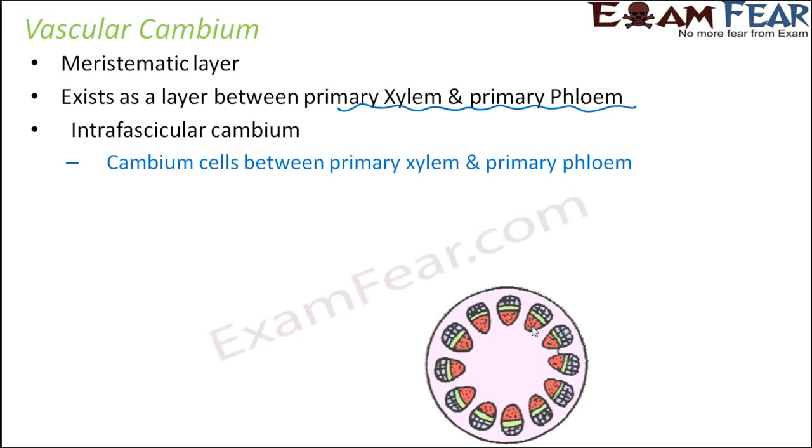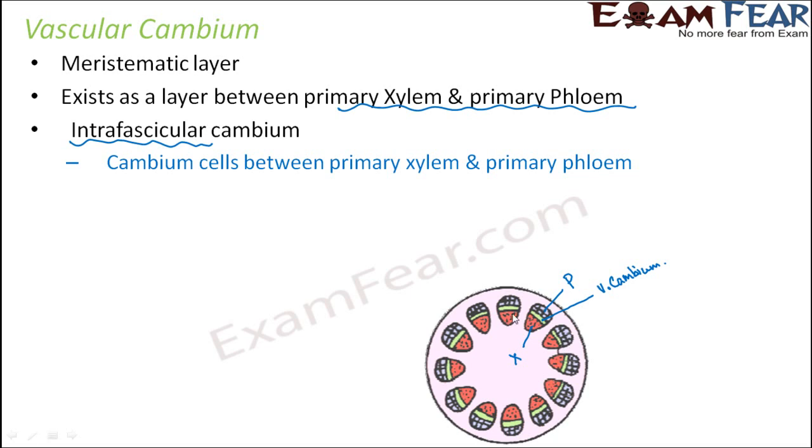The red colored structure is xylem, this structure is phloem, and this green layer of cells between xylem and phloem is the vascular cambium. When it is present within each vascular bundle, it is known as intravascular cambium. That is the cambium cells present between primary xylem and primary phloem. So this vascular cambium has nothing to do with that vascular cambium.